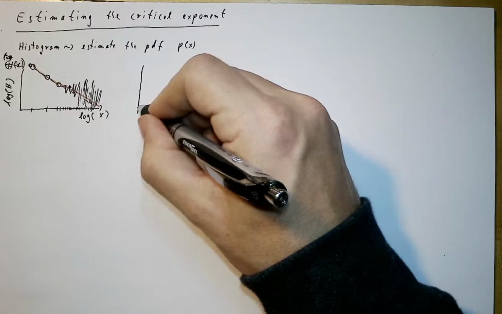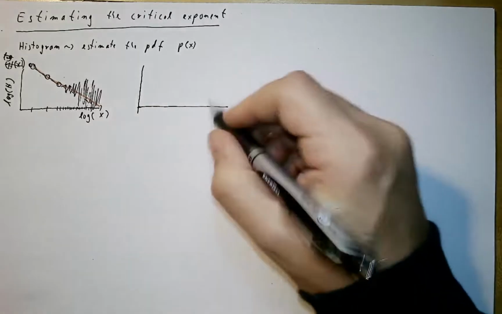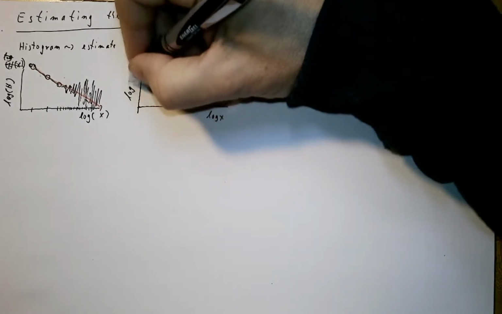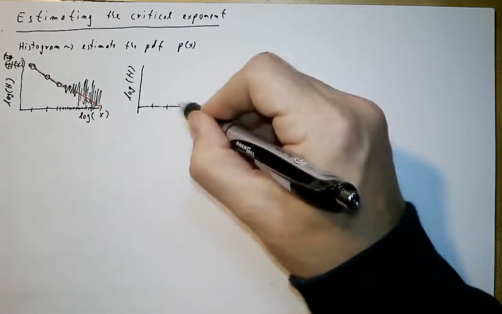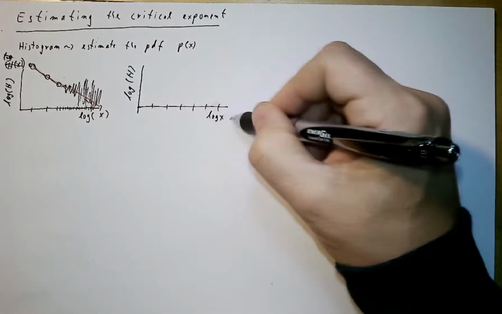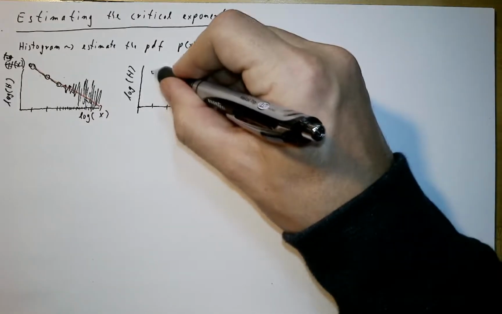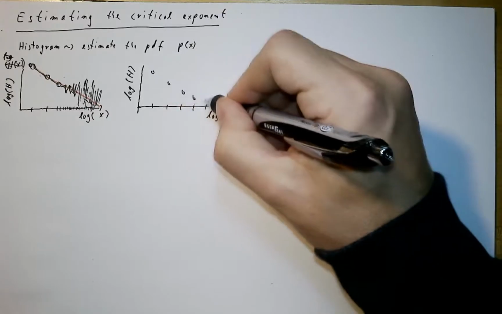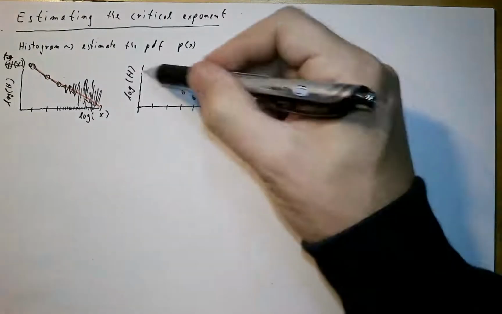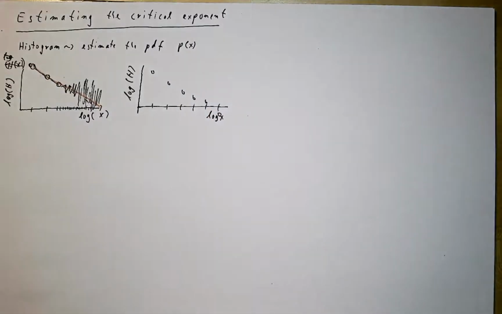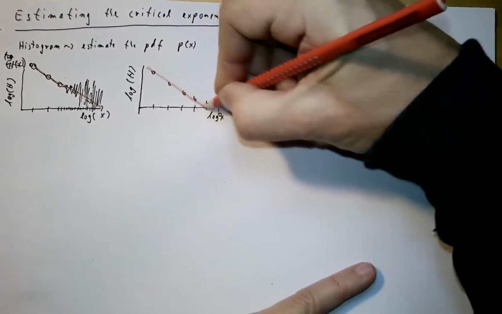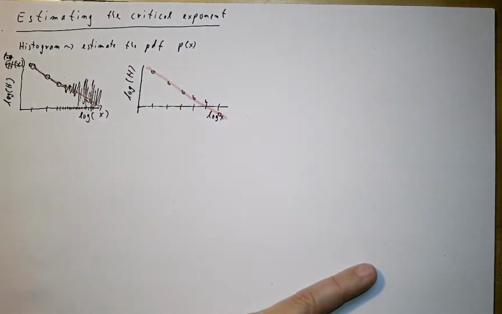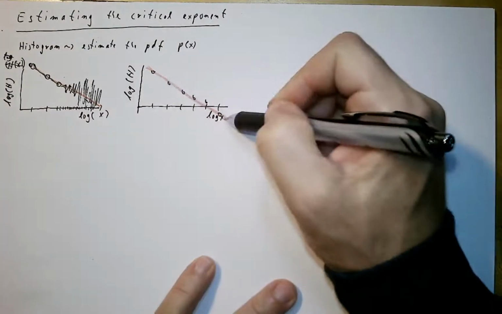Now if we make a histogram with log x here and the log of our histogram here, and the bins are really equally spaced on a logarithmic scale, then in every bin you have enough data points, and now you can try to fit a straight line through the whole thing and see if this data is a power law.